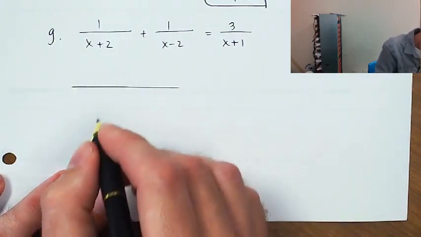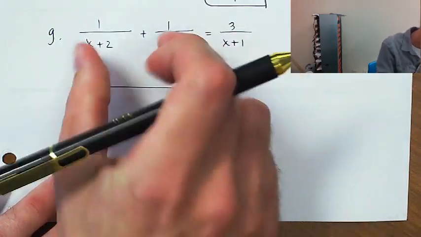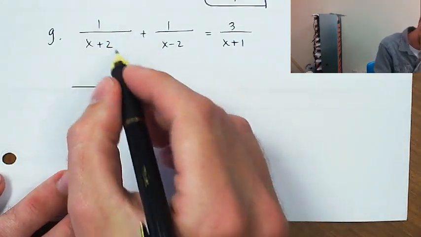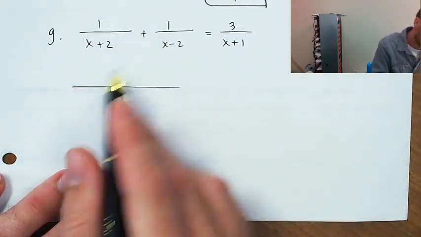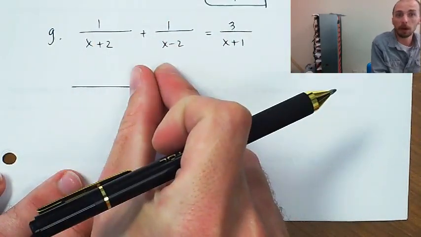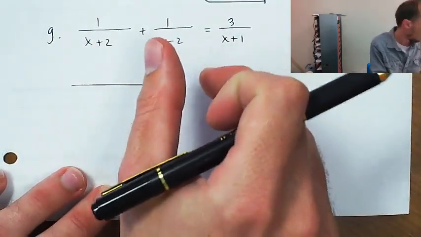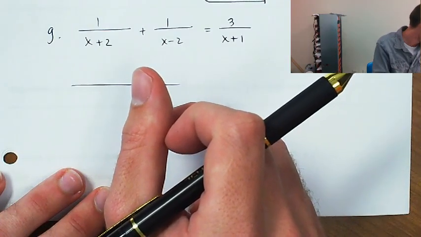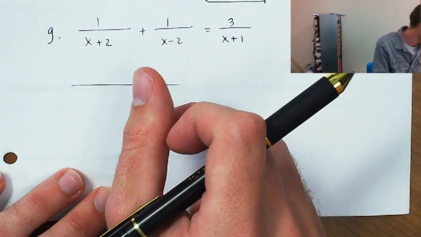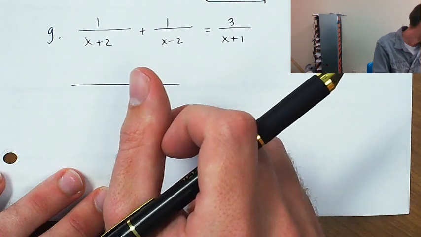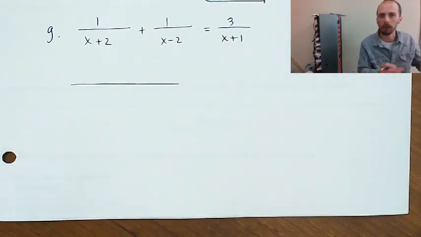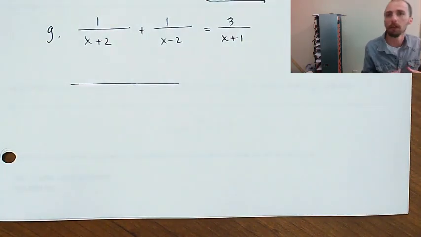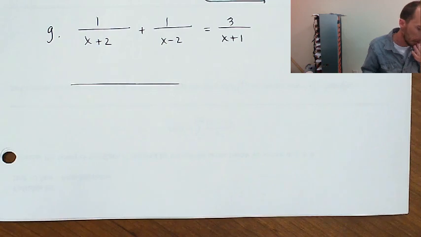Let's combine these with a common denominator, and then cross multiply. That might have been the faster thing to do on the other one, on E. Yeah, that definitely would have been faster. If you've got 3 different denominators, get 2 of them put together and then cross multiply. I think that's what I'm going to do here.